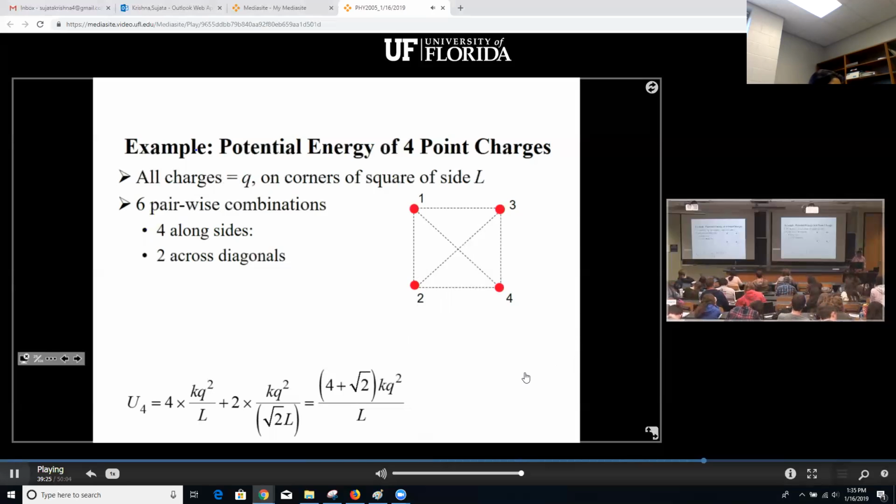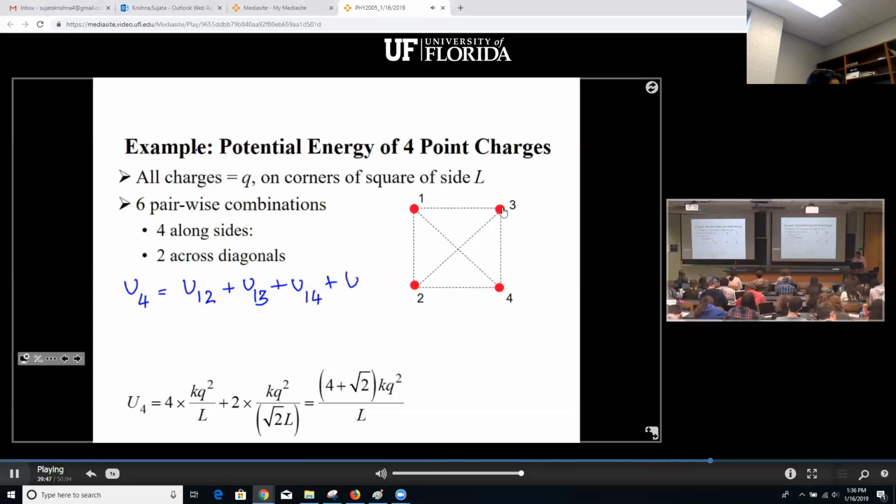So I have my total potential energy term. I'm going to call it U4 for 4 charges. It can have 1 interacting with 2, 1 with 3, and then 1 with 4. Then 2 will interact with 1, but we counted that, so we don't count that again.